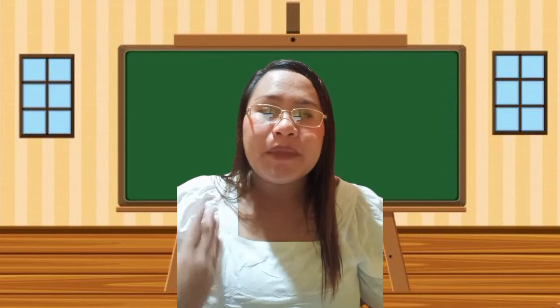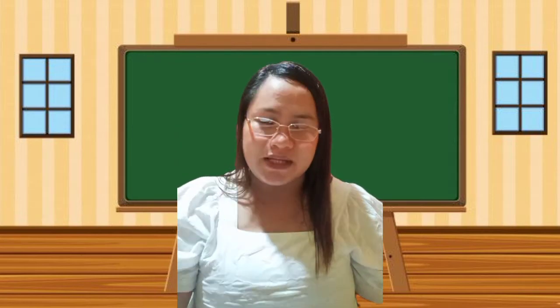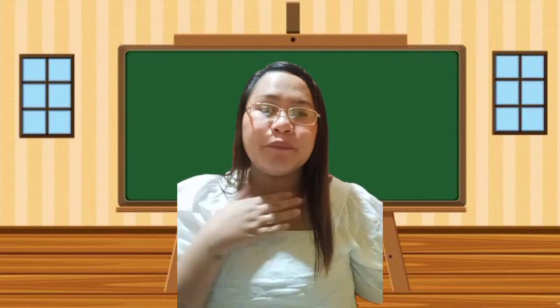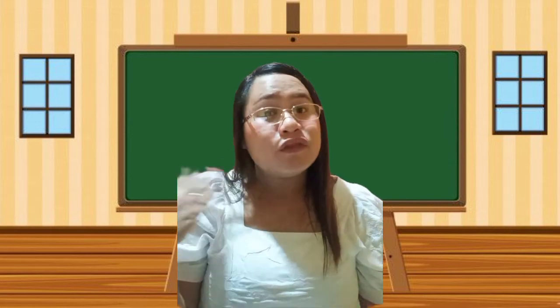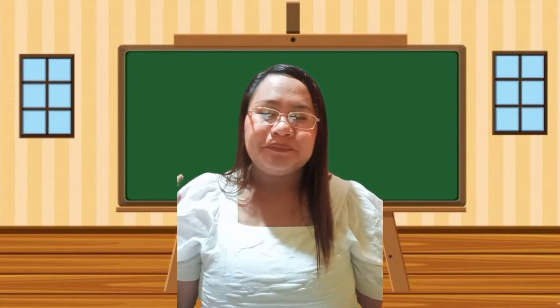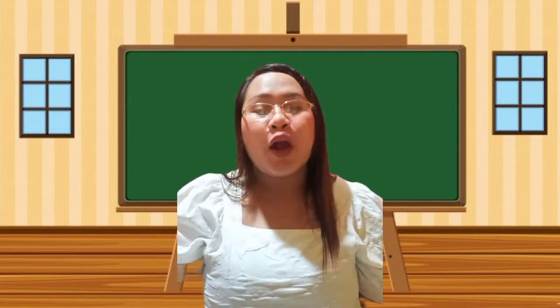Proper noun begins with a capital letter. So the example of proper noun is your real name. For example, my name is Kenneth. Then, yes, Joshua. Yes, that's an example of proper noun.